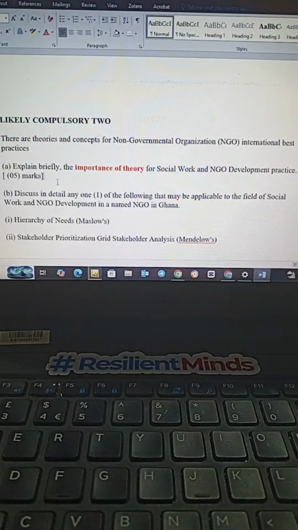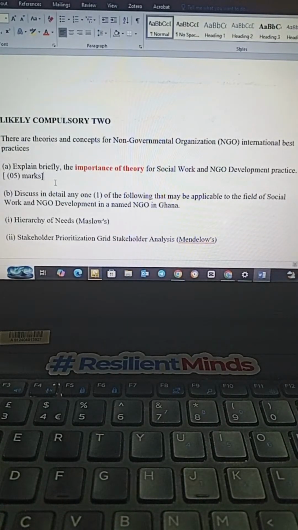In brief, theories help us to predict human behavior, explain human behaviors and provide interventions to address human behavior. So for compulsory question number 2A, make sure you define what a theory is. Then after that, you just list any 3 or 4 relevance of theory.